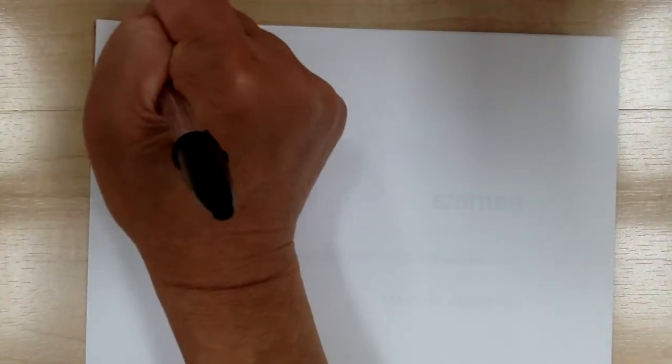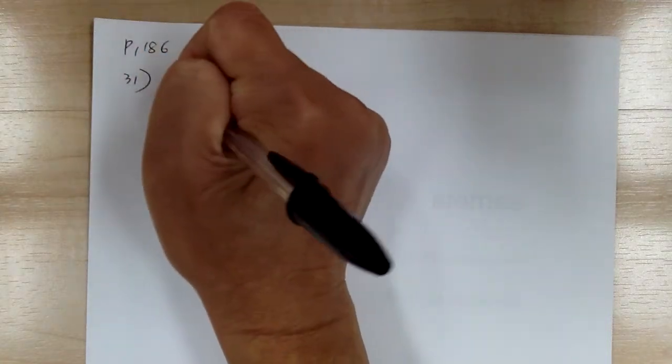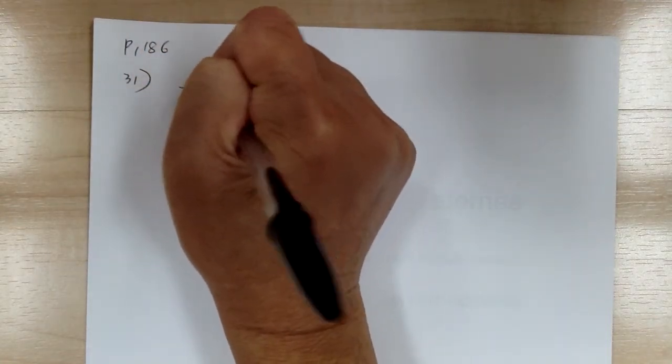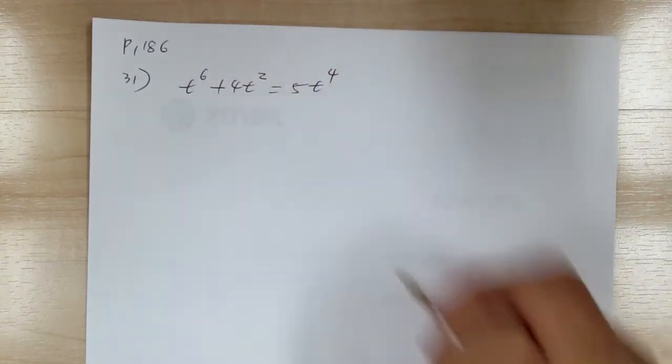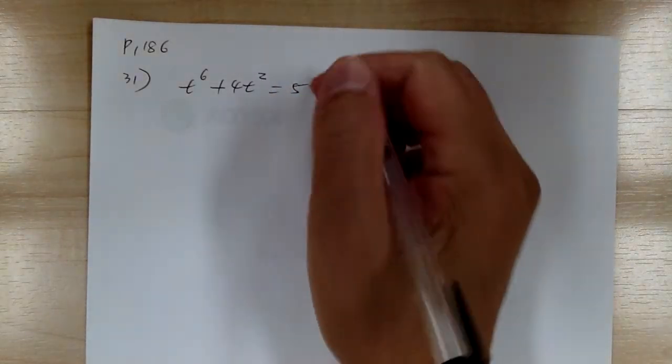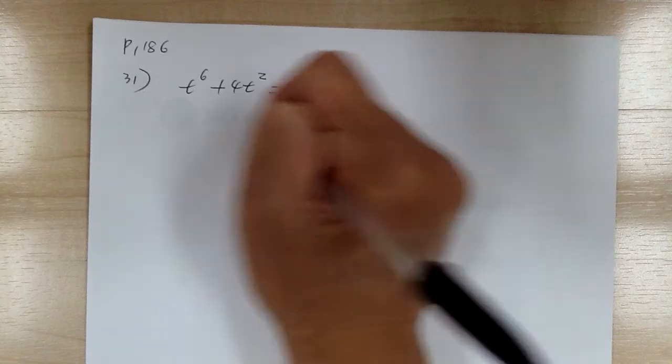Okay, let's go to number 31. We have t to the 6 plus 4t squared equal to 5t to the 4. First, let's make the right hand side equal to 0, so minus 5t to the 4.